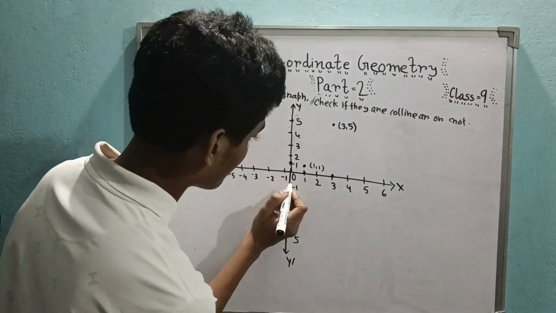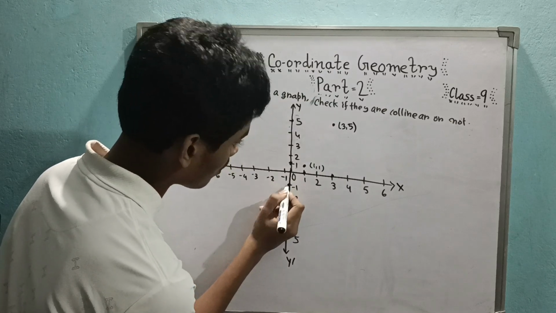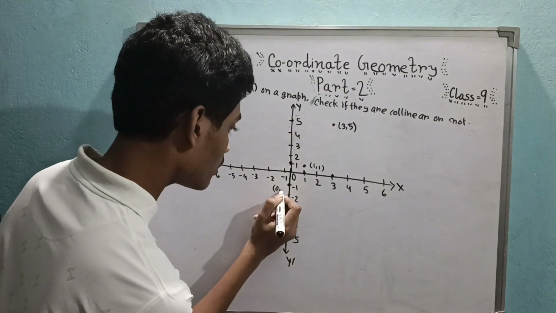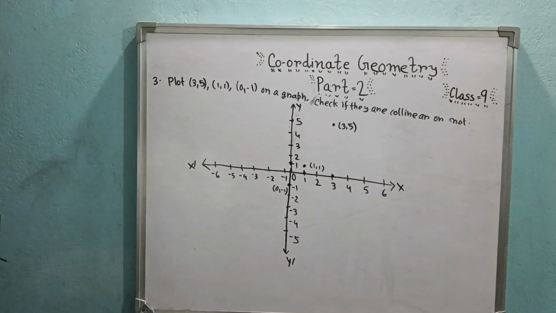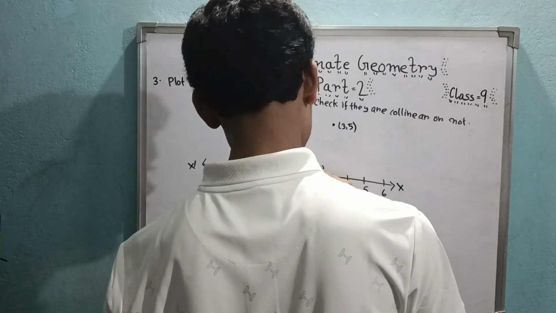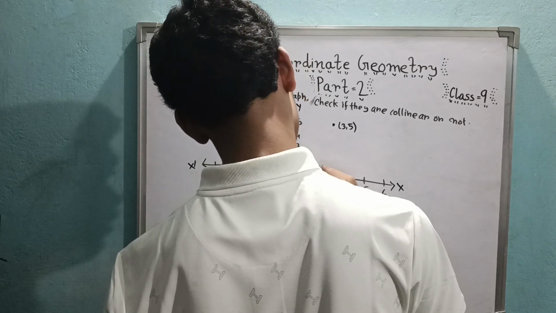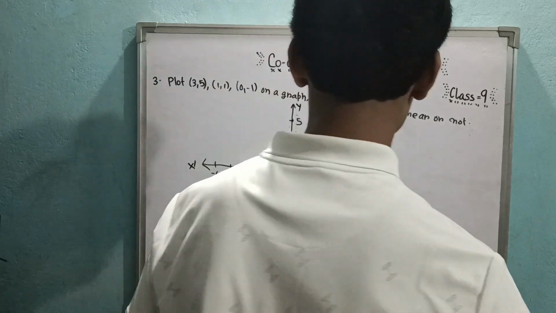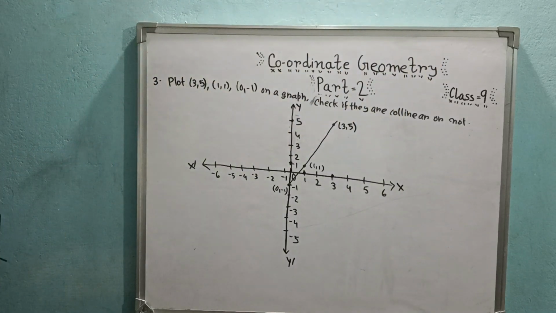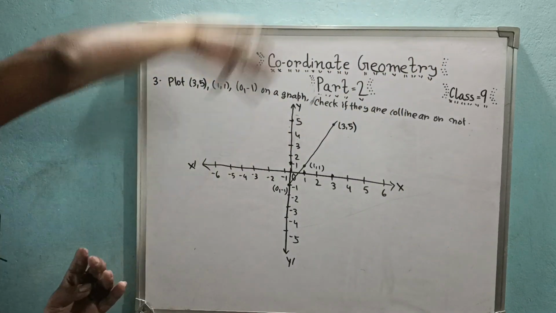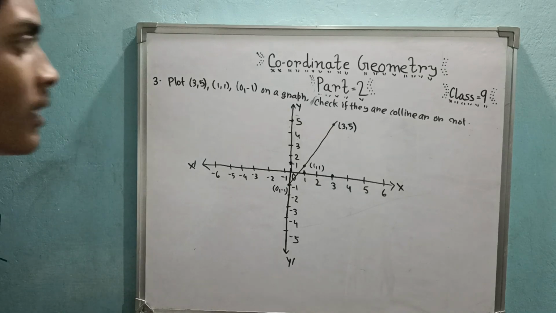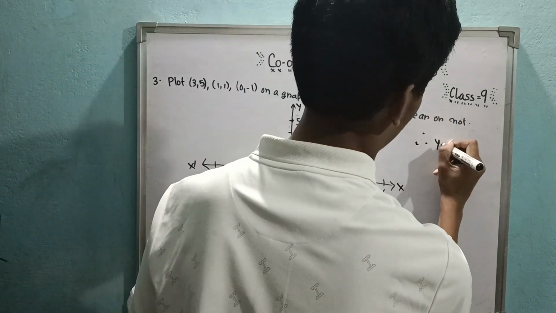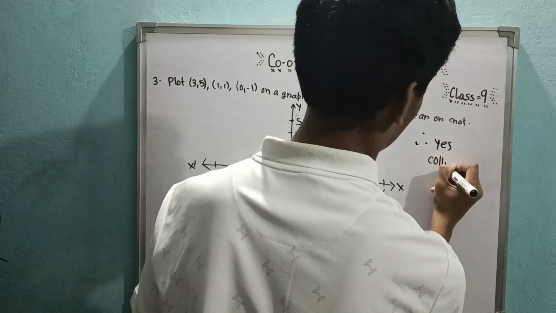Yeah, this point. Also 0 comma minus 1 here. Now let's check if they're lying on the same line. Let us see if we can draw a straight line through the 3 points. Whoa, it's a straight line, collinear, obviously. So as these 3 points are lying on a straight line, they are obviously collinear. Therefore, yes, collinear.